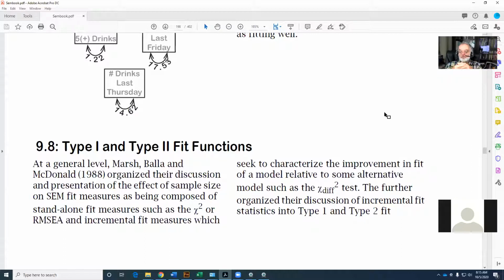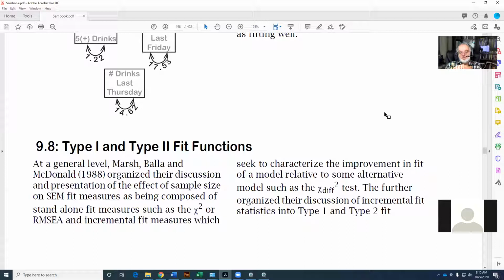In terms of where we stand these days, to give you the bottom line, when you write up your paper, you'll report the chi-square and its degrees of freedom, and at least significance probably, and you're doing that because other people might use that chi-square to calculate their own fit indices. Second, you'll probably report the RMSEA.